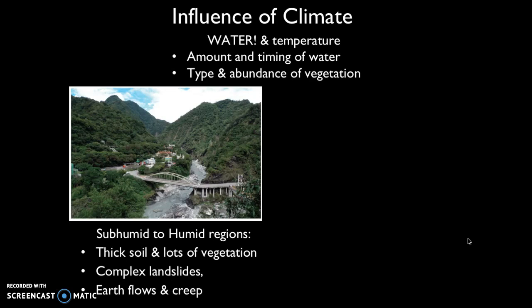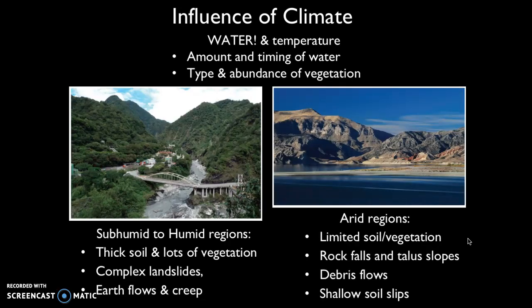But in this kind of region, you're going to get things like complex landslides. You're going to get earth flows and creep, and you're also going to get a bunch of different slides, maybe slumps. So those are the types of mass wasting events you're going to get.